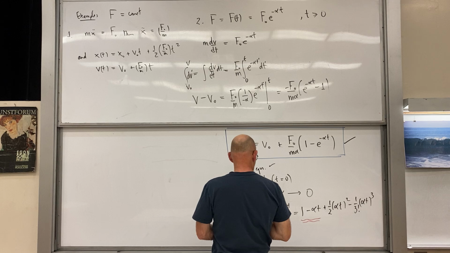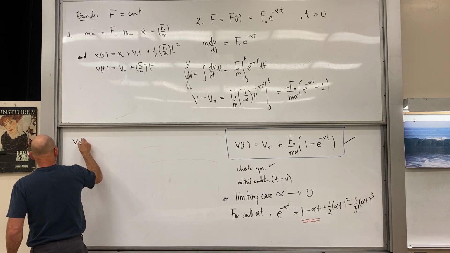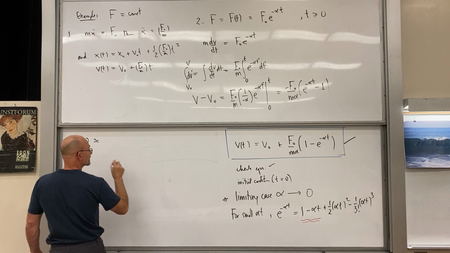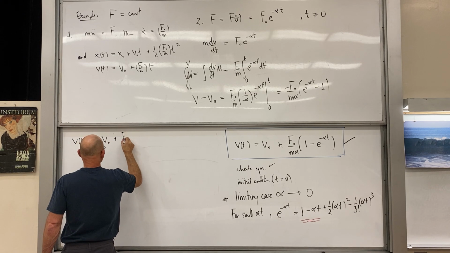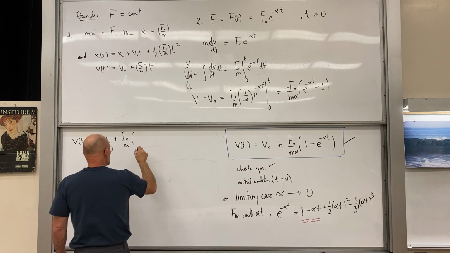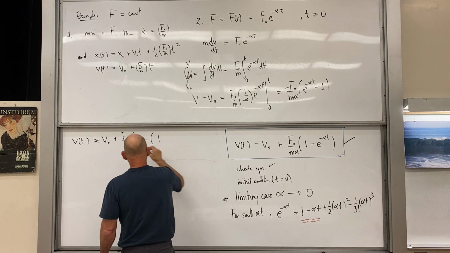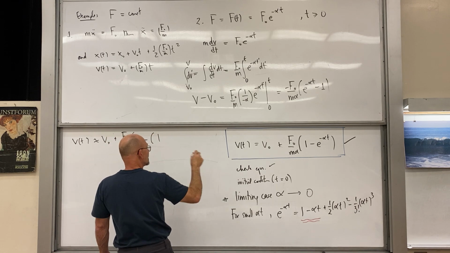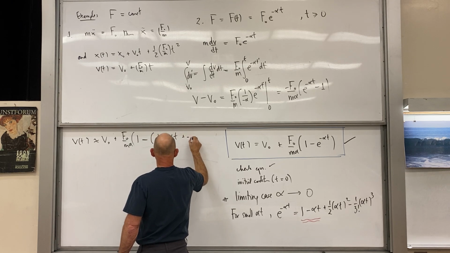And we will have v of t, I'm just going to write approximately v0 plus F naught over M alpha, 1 minus alpha t plus and so on.